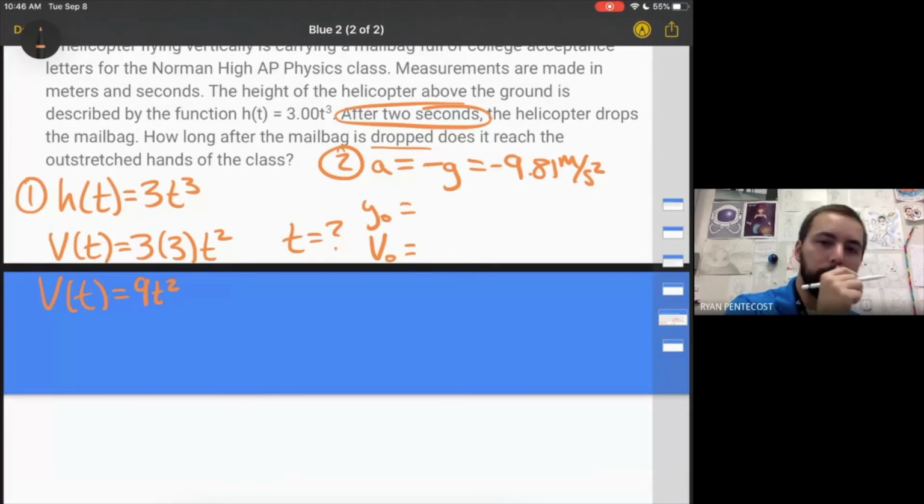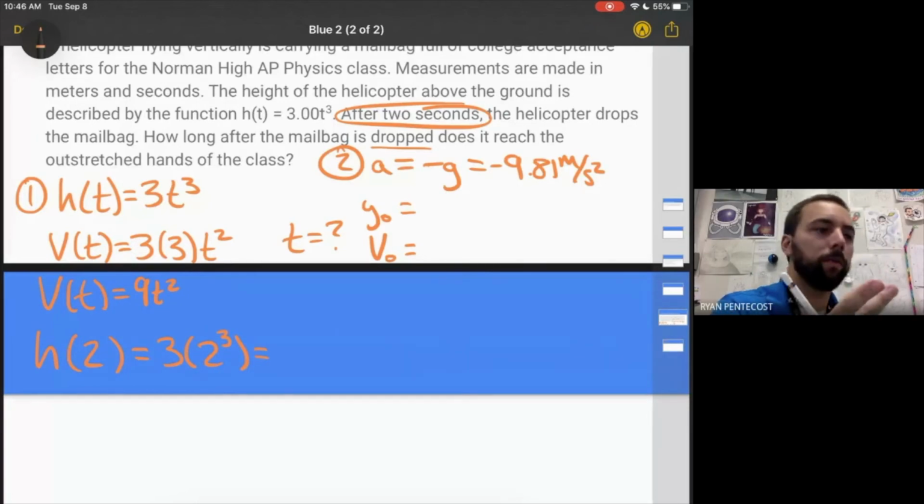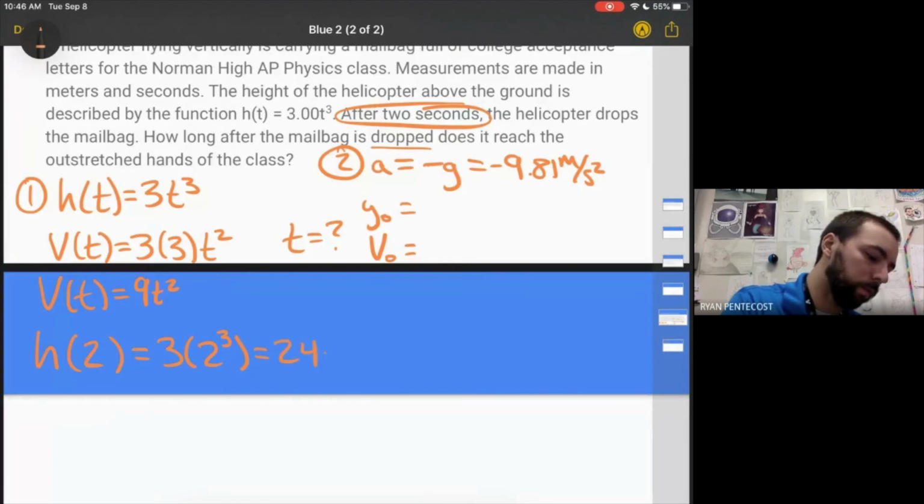So let's find the information we need. What is the initial position on the second part? Well, that would be the position after 2 seconds, right? So let's say the height at 2 seconds would be 3 times 2 cubed. 2 cubed is 2, 4, 8. 8 times 3 is 24 meters.